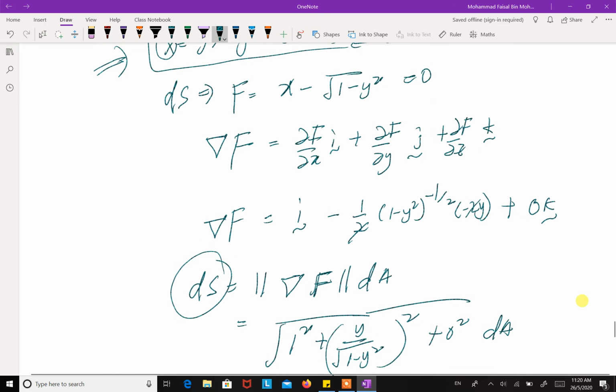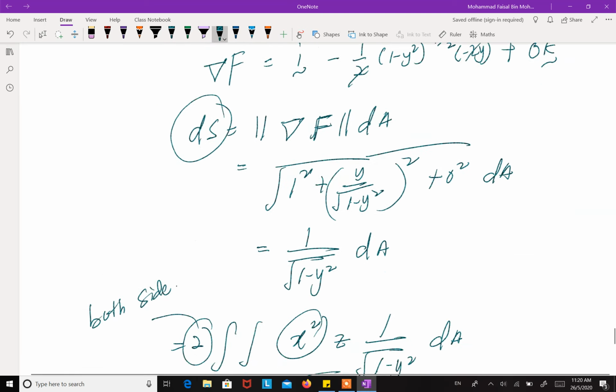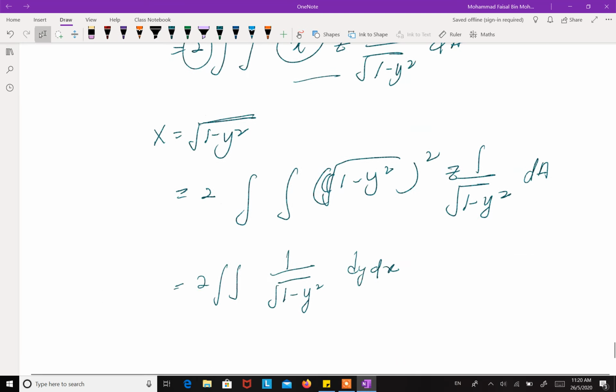So from the rectangle, dy dz, which means cut at z, so dy dz, so your z is from 0 to 1, your y is from -1 to 1.